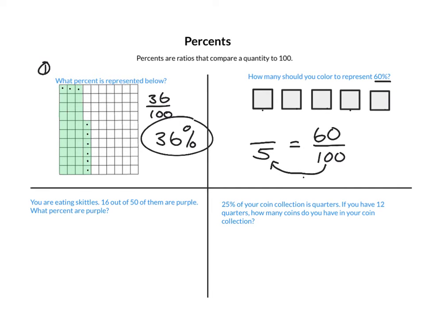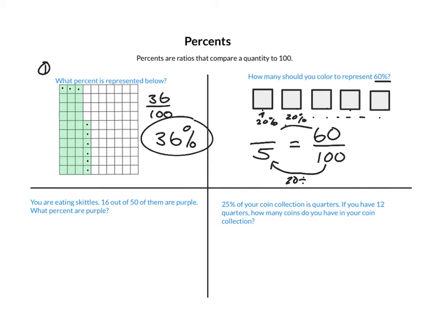So if we divide 100 by 20, we get 5. So that means that each of these, so 1/5 is worth 20 hundredths. So each of these is 20%. Okay, each of those is 20%.